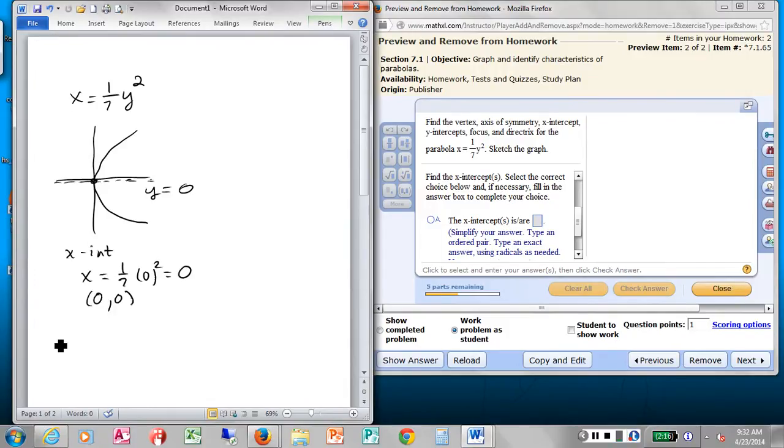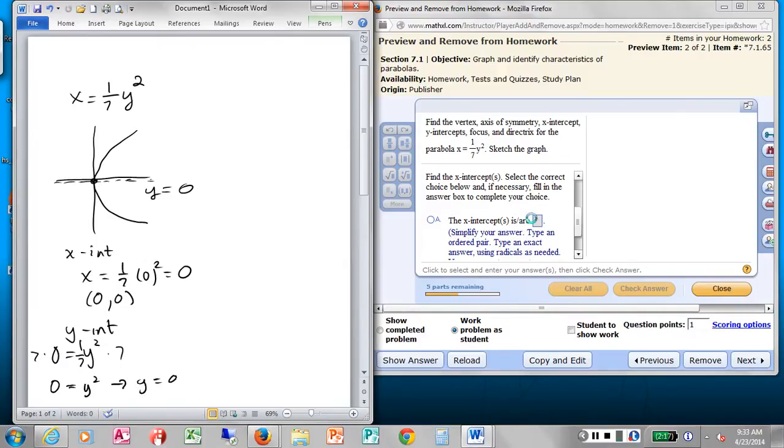It's going to ask for the y-intercept there as well, so let me go ahead and compute that. For the y-intercept, we set x to be 0. So we have 0 equals 1/7 y squared, setting the x to be 0. Of course, multiply by 7, you still have 0 equals y squared. Square root both sides, and so the y-intercept is also 0.